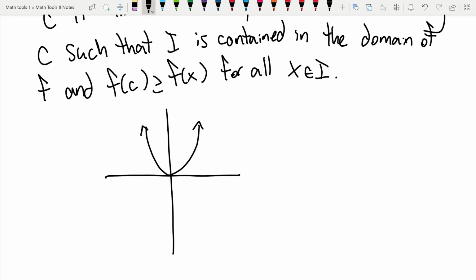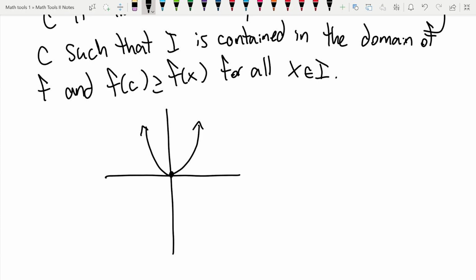Now, something being an absolute minimum doesn't preclude it from being a local minimum, right? The definitions are kind of independent. Something can be a local minimum, but not an absolute minimum, or it could be a local minimum and the absolute minimum.